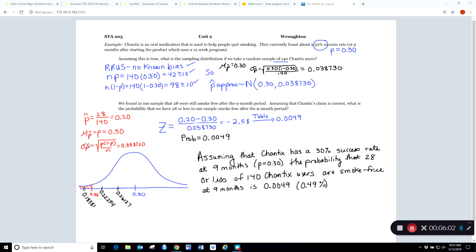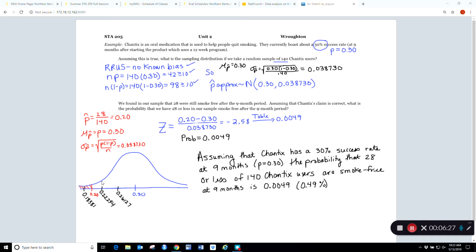Our sample size affects that standard deviation. If I only had a difference of 10% and I was only sampling 10 people, that's only a one-person difference. So I want to take into account that I had 140 people. That standard deviation helps us realize how far away this 20% really is from this 30%.